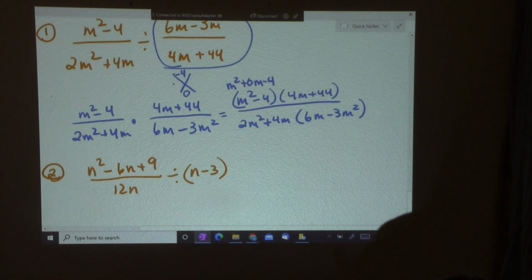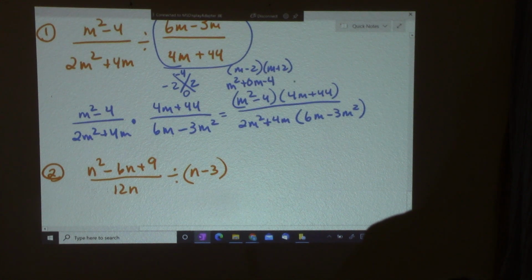It is 2 and negative 2. Yes, 2 and negative 2. Sorry about that. Okay, so we have m minus 2 and m plus 2.